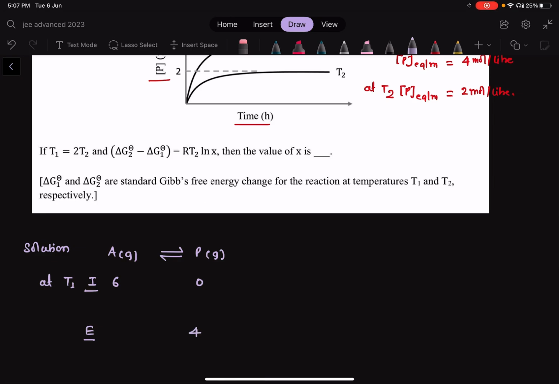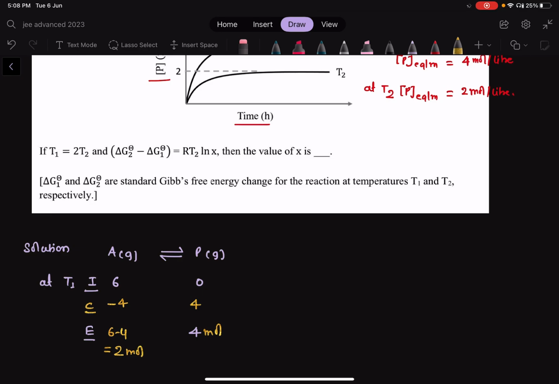That means 4 moles of P has been produced, so 4 moles of A has been decomposed, and at equilibrium the number of moles of A is 6 minus 4, which is equal to 2. So 2 moles of A and 4 moles of P are present at equilibrium.